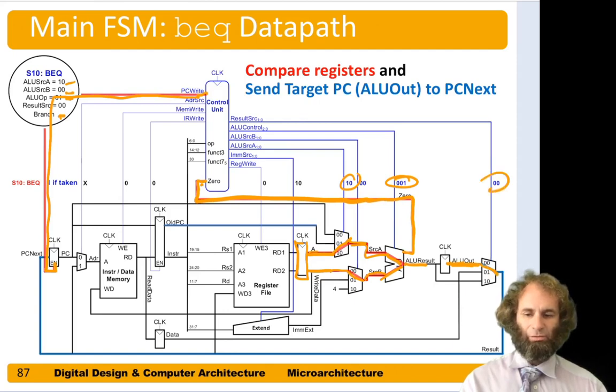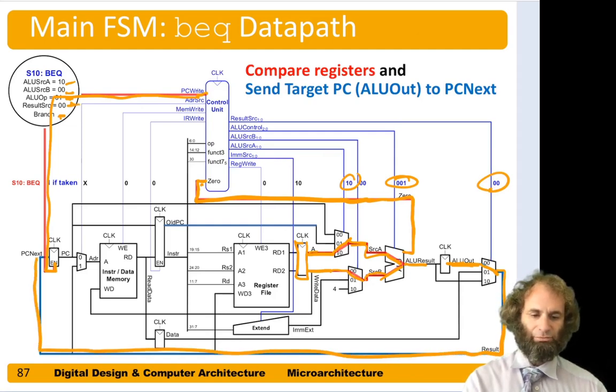So we make result source 0, 0 to choose it, bring that around. Now that's ready here as PC next for the program counter, so that if we do write it, we write the branch target address into the program counter. And that concludes our controller for the multi-cycle processor.